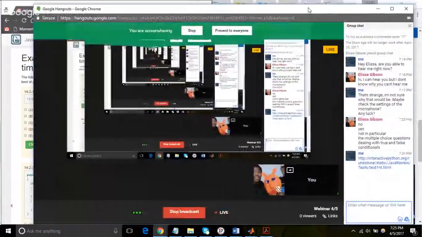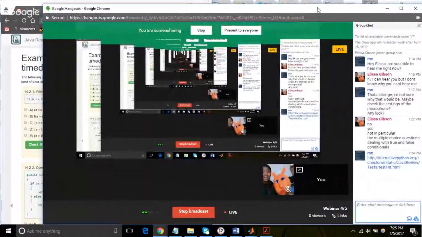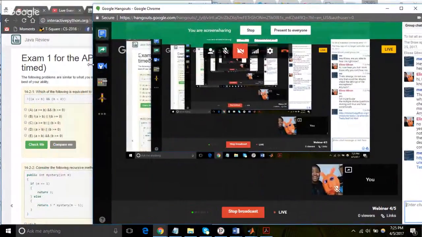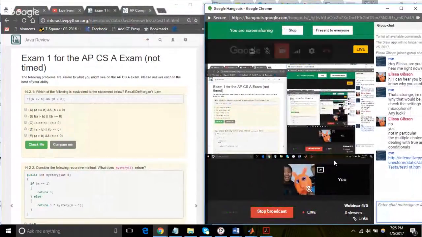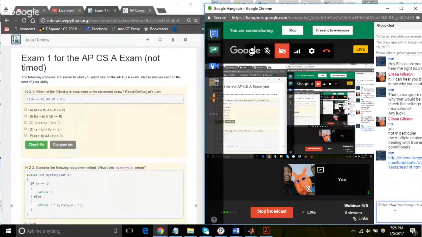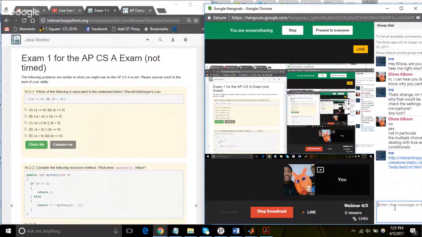Unfortunately, my screen share for some reason doesn't work quite properly, so I'm going to have to keep it split screen so I can see the chat window. So maybe if you can, I'll put the link in the chat window for the multiple choice questions. You might not be able to see it from the screen. You might have to look at it on your own window, and we can just discuss the questions over the chat.